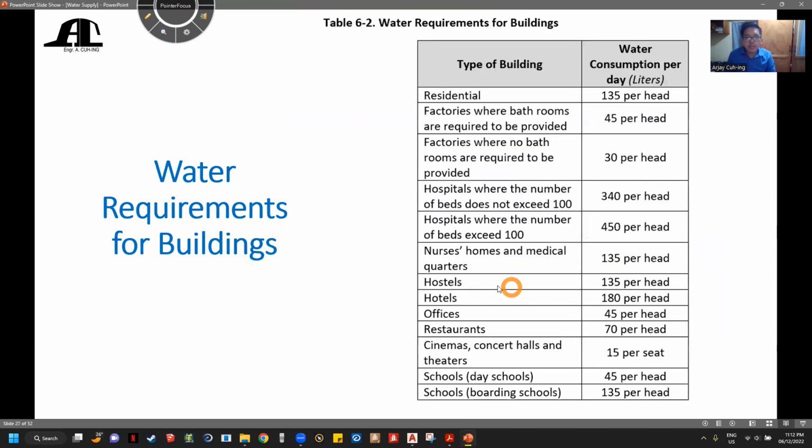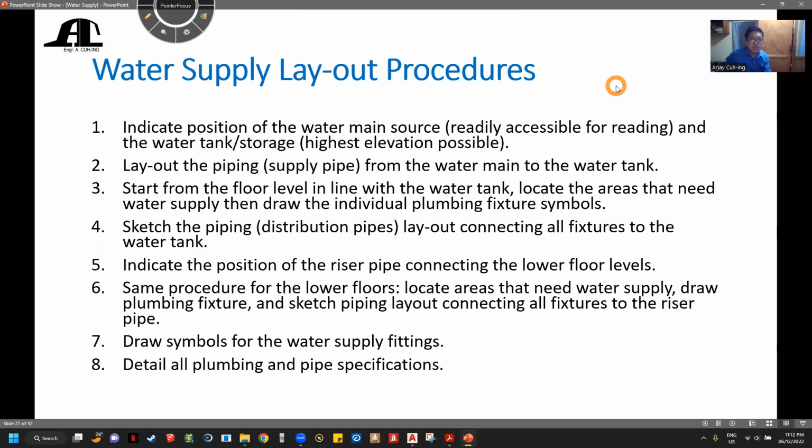Okay? Tapos for the purposes class of solving the water tank sizes, meron tayong timetable, no? So let's not dwell with it because our very purpose for today's video naman class is the water supply layout. How can we design class yung water supply piping system natin?